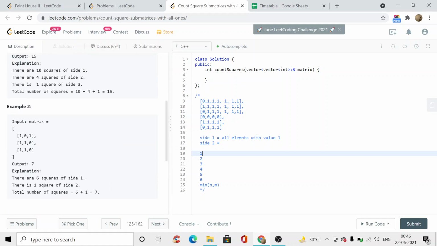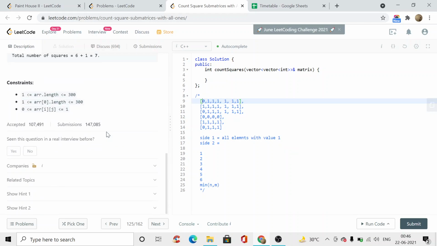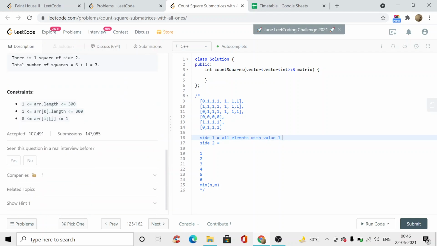Okay, let's just concentrate on what we are doing with brute force. In brute force, it is a 300 cross 300 matrix. The first iteration will take 300 by 300, that is m into n.